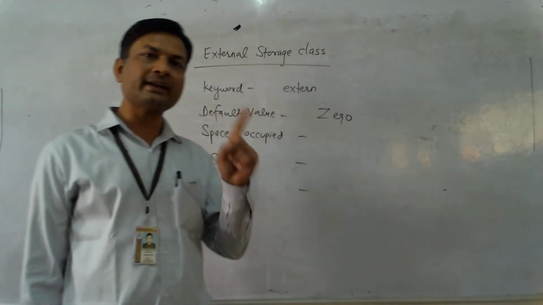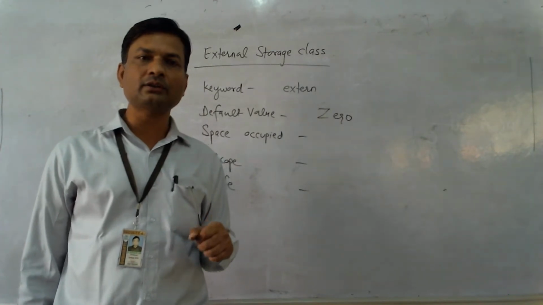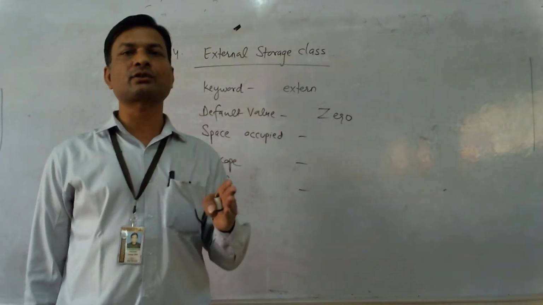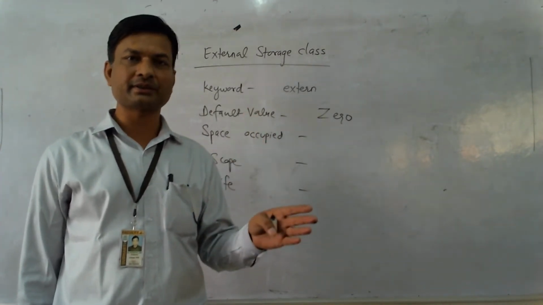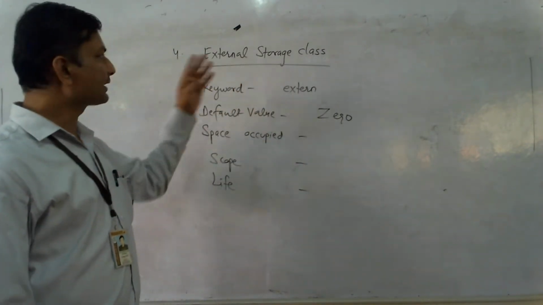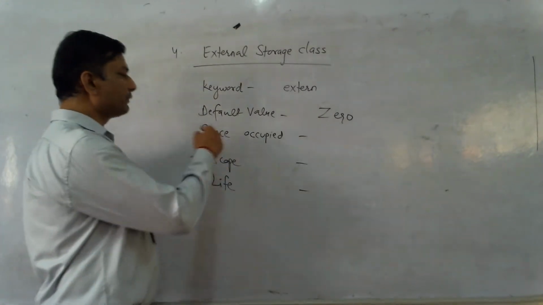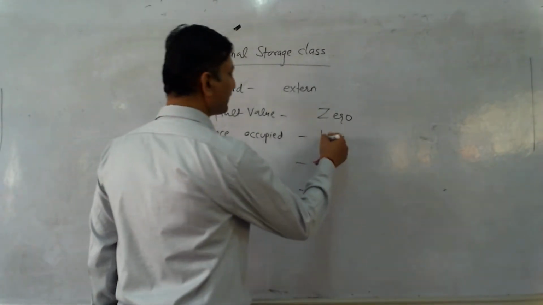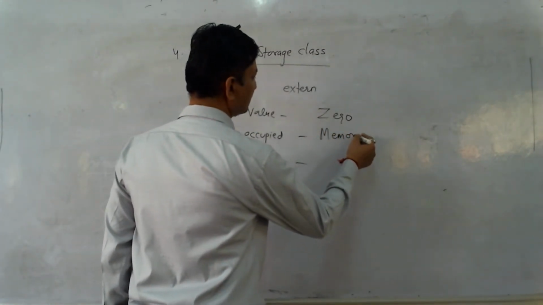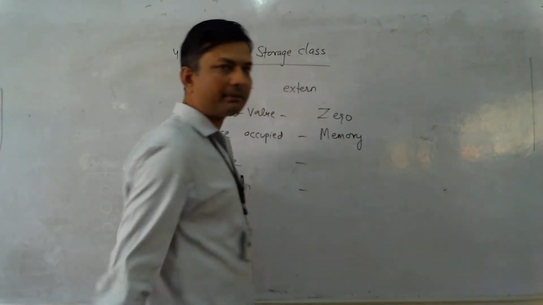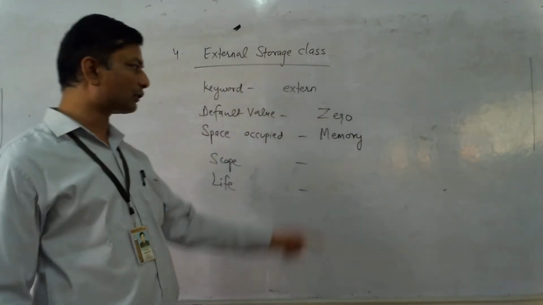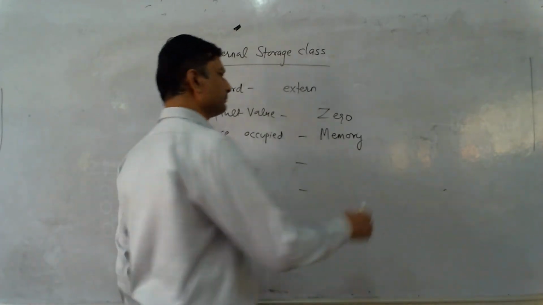So for automatic and register storage class, what is the default value? For automatic and register storage class, default value is garbage. But for static and external storage class, default value is 0. Where it will occupy space? In memory. So all the variables belonging to external storage class will occupy space in memory, that is RAM.